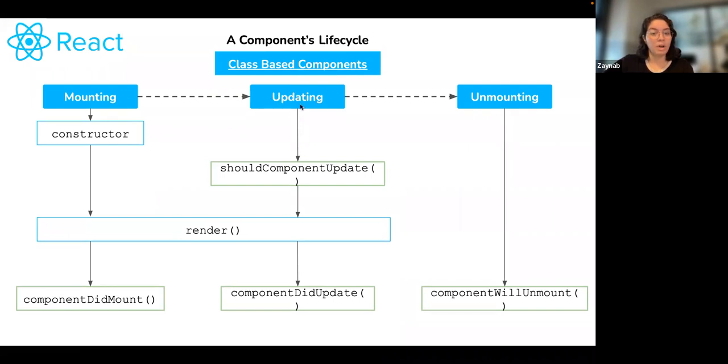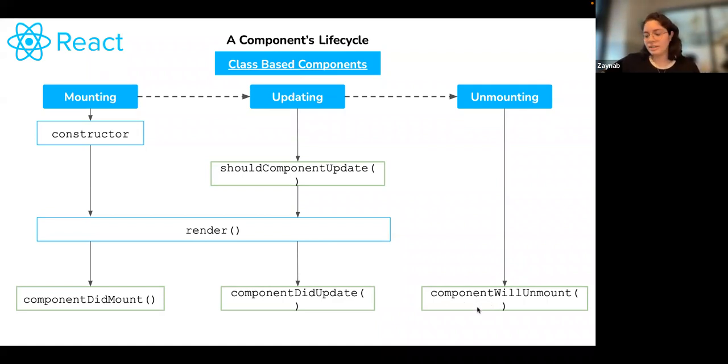And then for an update, should component update happens before it actually renders, so you can do something there. And then component did update happens after the rendering. And then component will unmount is right before it unmounts, and that's because once it unmounts, you don't have access to it.